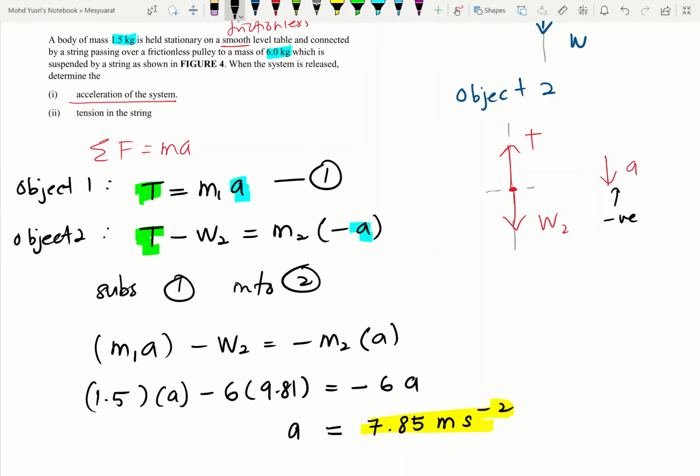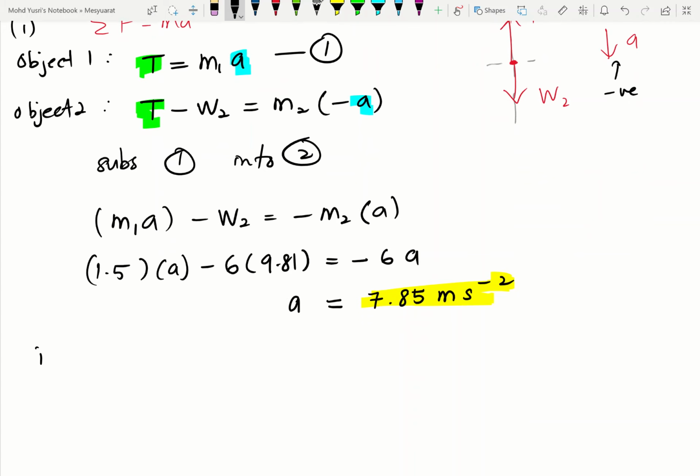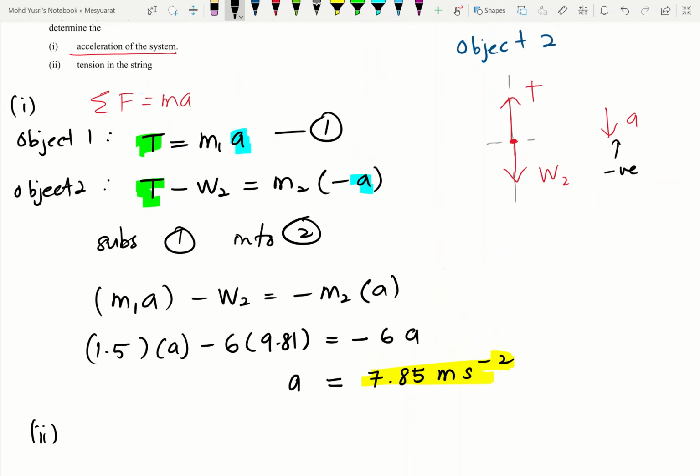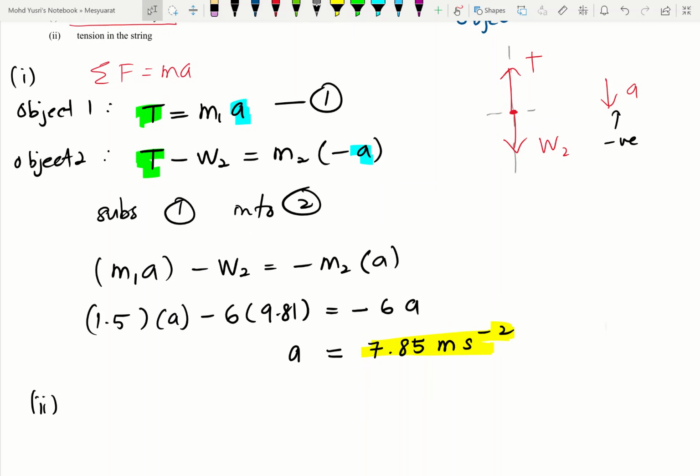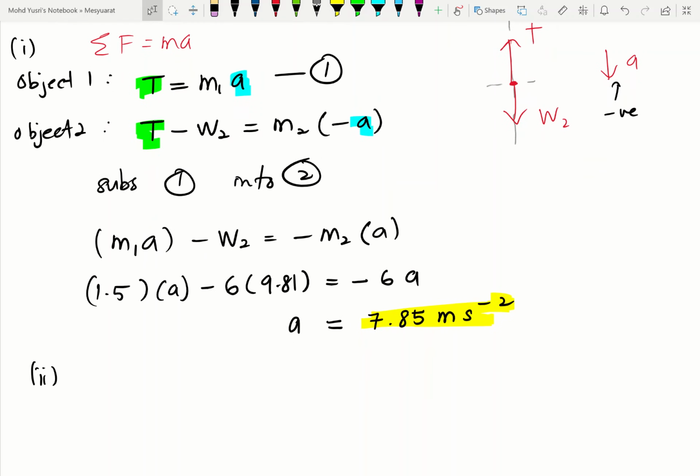So this is the first question. The second question is easy. What is the tension in the string? To find the tension in the string, we can simply substitute A equal to 7.85 meter per second square into either equation 1 or equation 2.